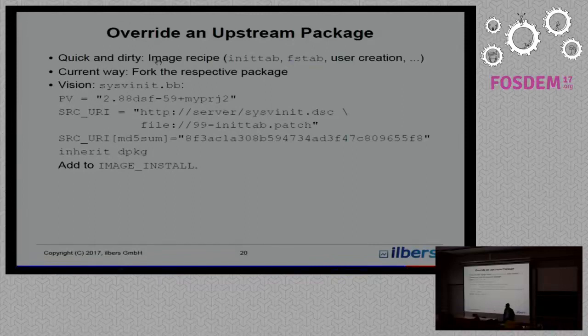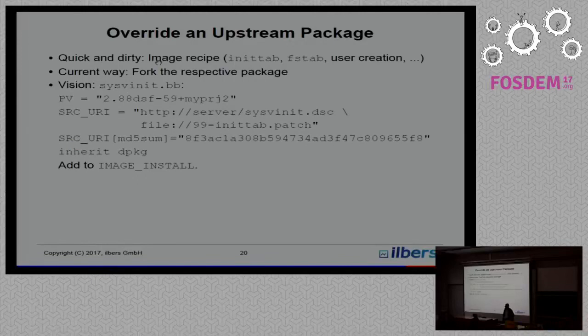So one common use case is overriding an upstream package, for example, with custom configuration or modifications. A quick and dirty way for doing this is just to hack this in the image recipe. The right way that we follow is to fork the respective package, but of course this means that as soon as you have one line difference in inittab, you have to fork the whole sysvinit.